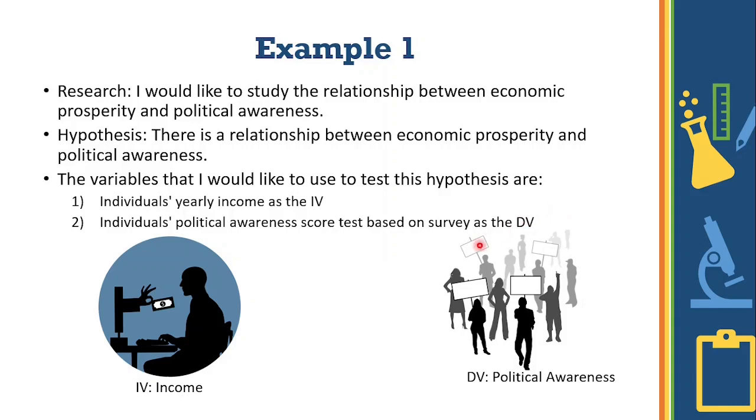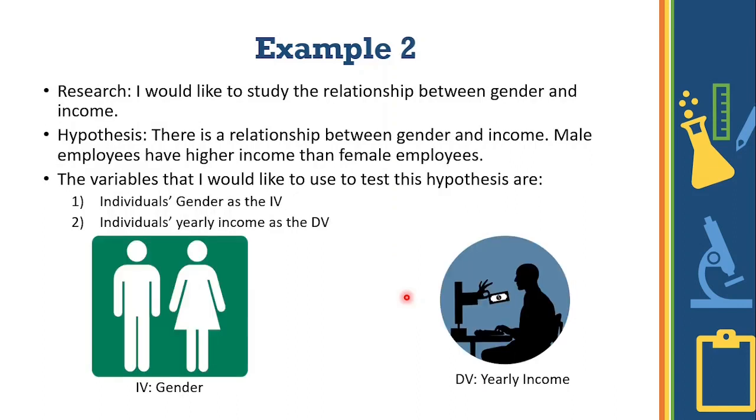And what we do is we look at the relationship using a statistical significance test to see if there is any relationship, and if there is, what is the direction of this relationship. In example two, let's pretend that we're studying the relationship between gender and income.